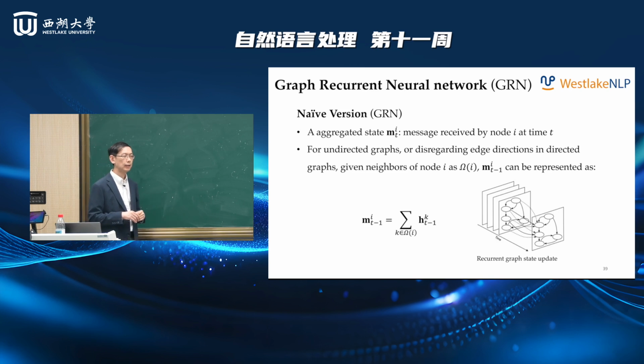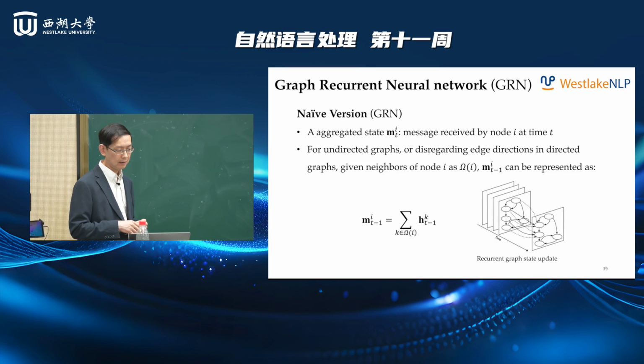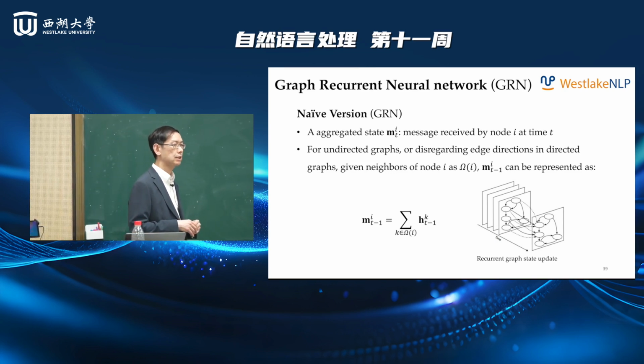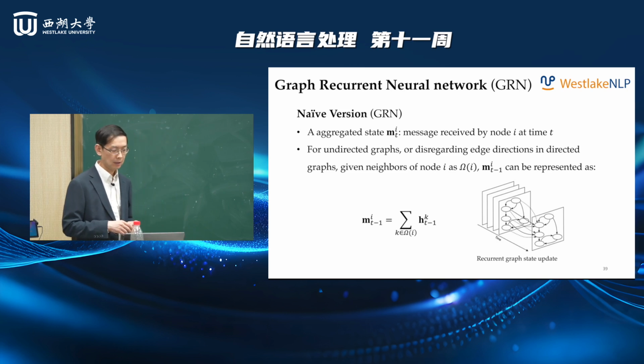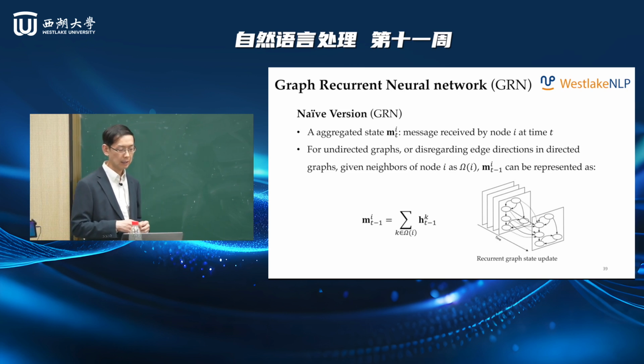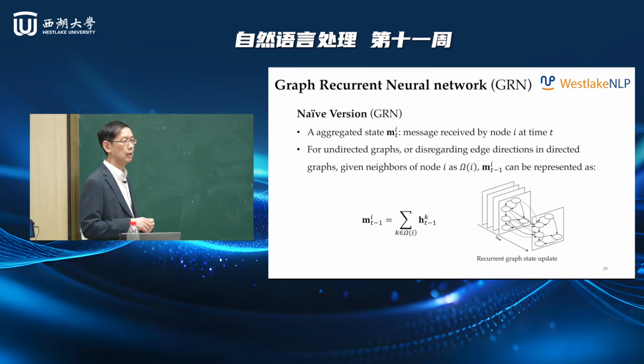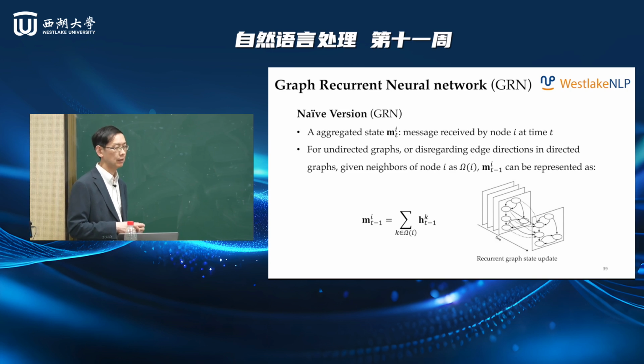Again, let's define the neighbors of node i as Ω_i. We can borrow the idea from the child-sum tree LSTM. I aggregate the hidden states of all its neighbors in the previous time step into one message, m_i^(t-1).